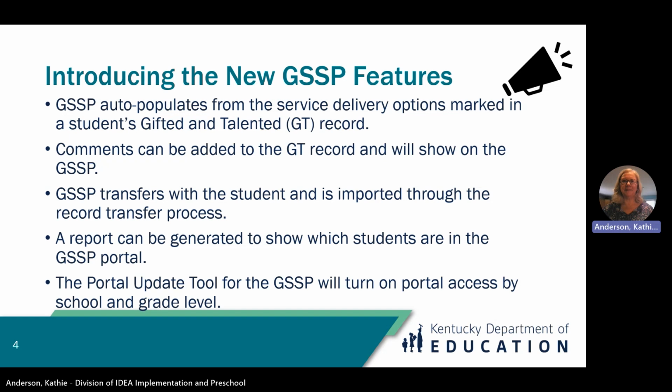Now, although it transfers with the student, you do have to import it. A report can be generated to show which students are in the GSSP portal. And last but not least, the Portal Update tool for the GSSP will turn on portal access by school and grade level.